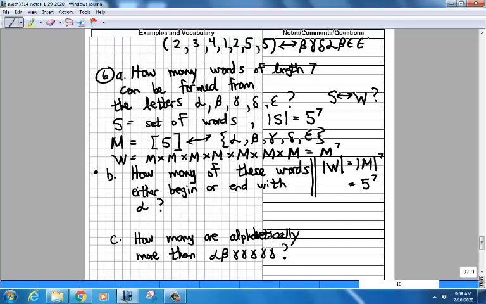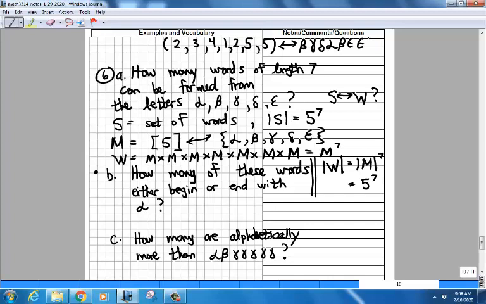And vice versa is true as well. If I give you a word, can you then tell me the tuple that would correspond to that? Sure. What if I write down all epsilons, 7 of them? It would be 5, 5, 5, 5, 5, 5, 5, or 7 5s. Exactly. So indeed, there is a one-to-one correspondence between these tuples and these words.